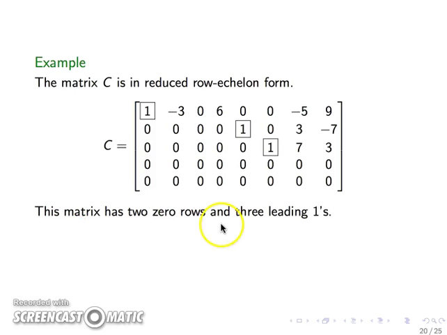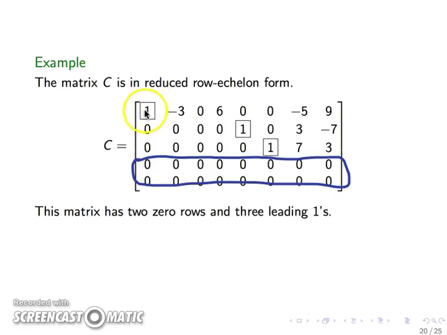Is this matrix here in reduced row echelon form? Well, you can notice that all rows that are rows of zeros are located in the bottom part of this matrix, right? So here at the bottom, there are 2 rows of zeros. And then it's also common to write the leading ones with this notation that is enclosed by a rectangle or something like that.